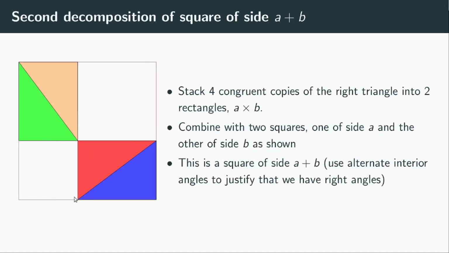One of them has side little a, and the other has side little b. And this whole shape is a big square of side length a plus b. To argue that we actually have a square, we need to use alternate interior angles to justify that all these angles are right angles, but that's a pretty straightforward exercise.